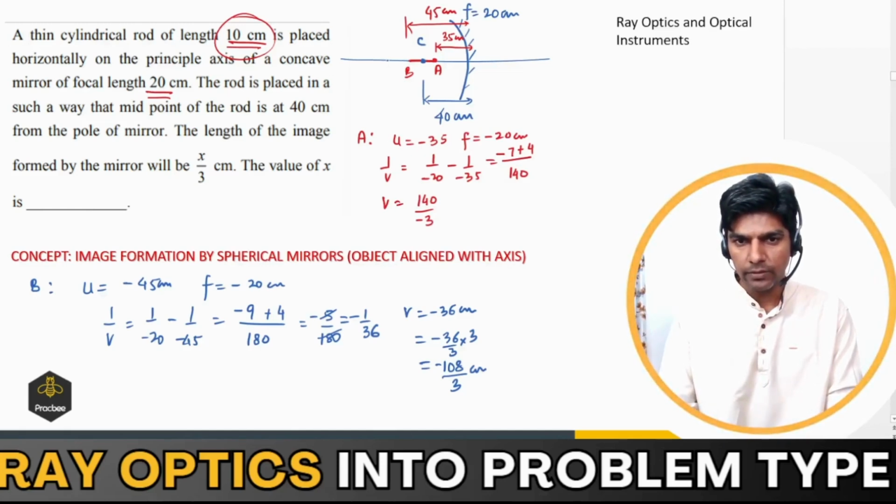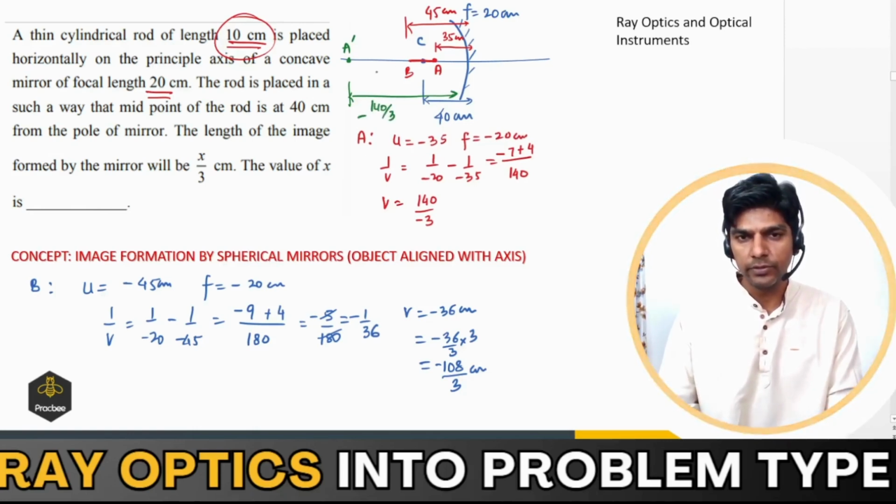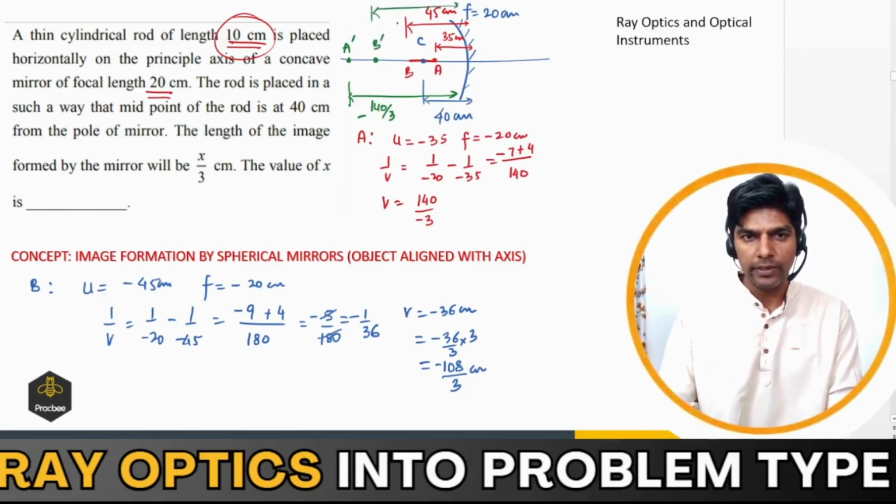So for A, this is the image, right? And this distance is 140 by 3 centimeter. And if I show the position of B, it will be at a distance of 108 by 3.